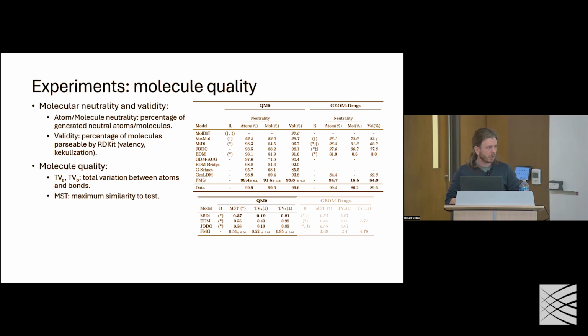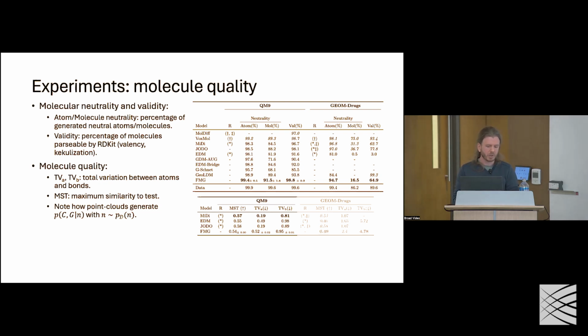Okay, so here we obtain roughly competitive performance, except with a big exception on the total variation of atoms. We reiterate how point clouds are hard constrained to generate a specific number of atoms for each molecule.